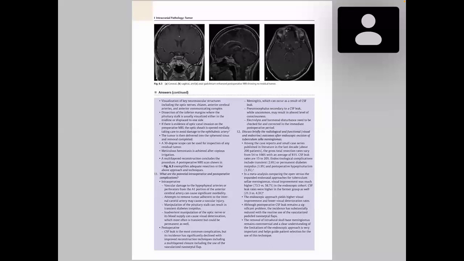I've not seen that being done. Most of the time we just put our synthetic dural patch, the G patch, then we put glue. We may or may not put the abdominal fat, but then we have to put back the flap.